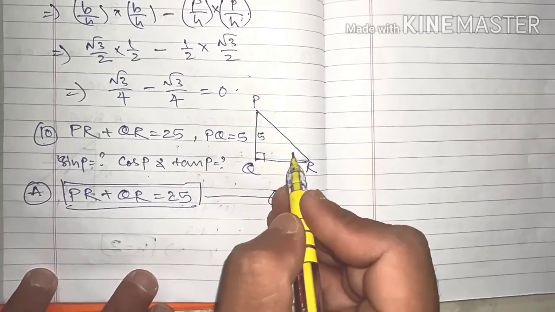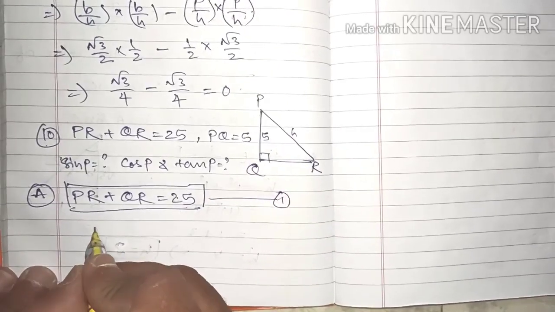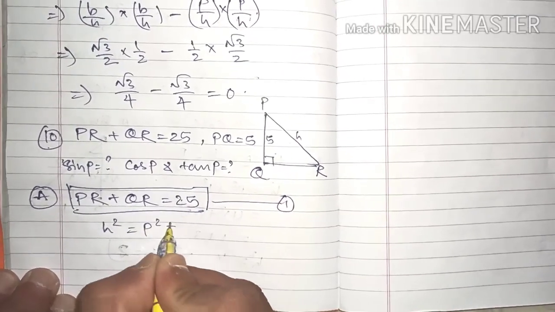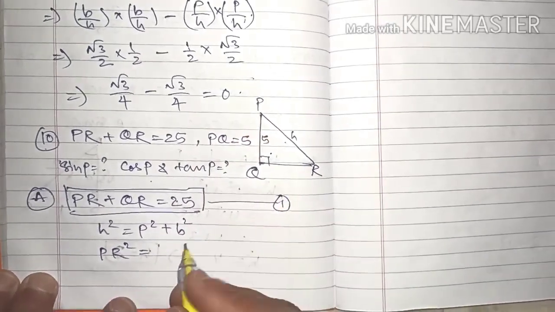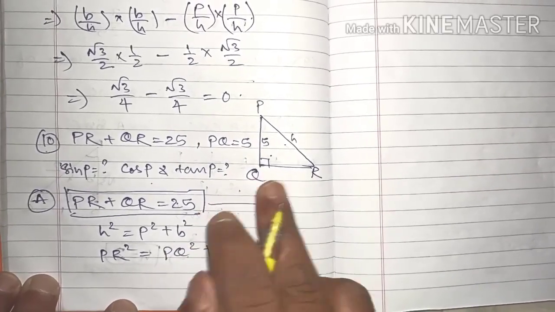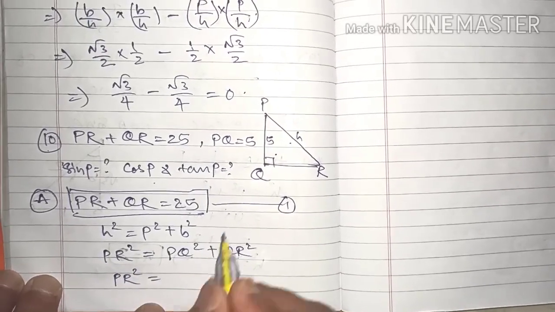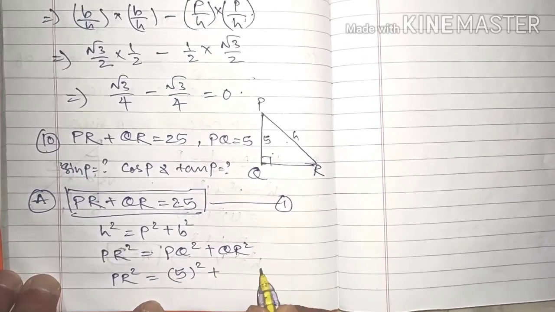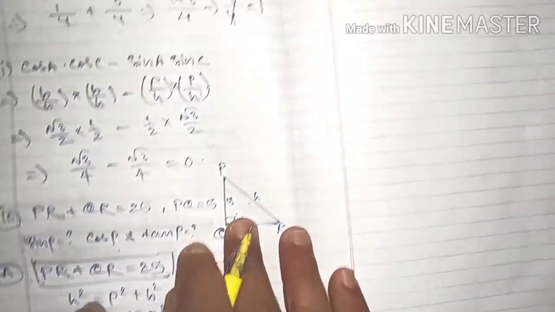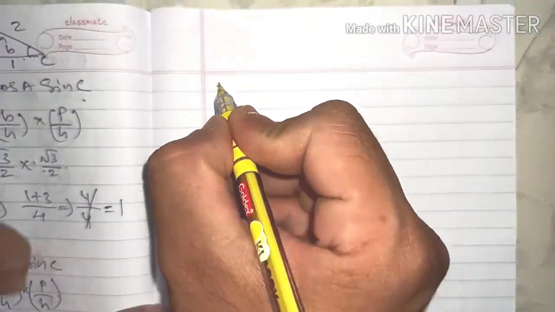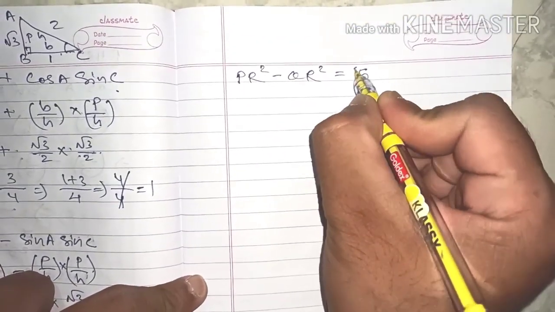Now we will use Pythagoras theorem for this triangle. We know opposite of 90 degrees is hypotenuse. So Pythagoras theorem is H square equals P square plus B square. H I will take as PR square, perpendicular I will take PQ square and base I will take QR square. PR square we don't have, PQ is 5 square plus QR square. Bring QR square towards the LHS. So we get PR square minus QR square equals 5 square.